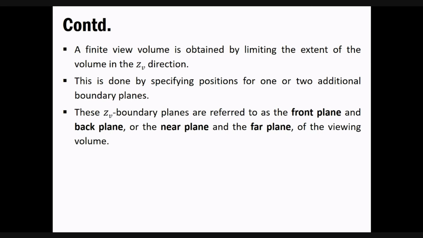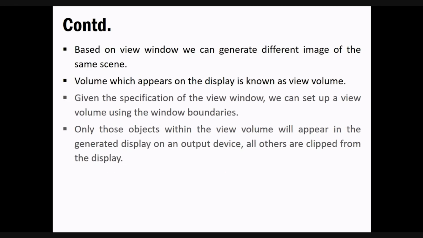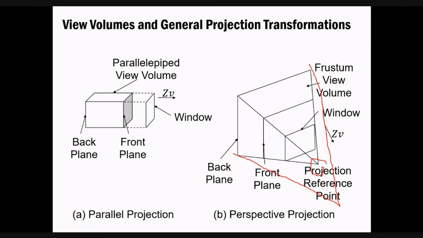These ZV boundary planes are referred to as the front plane, back plane, or the near plane and far plane of the viewing volume, based on the limit you are putting into it. The same thing was given in this particular form.